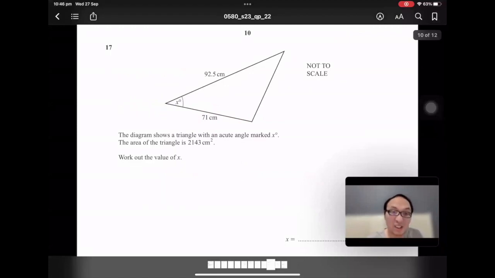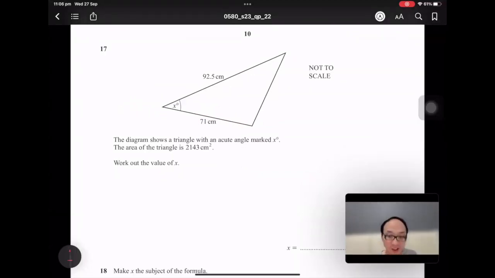The diagram shows a triangle with an acute angle marked X. The area of the triangle is 2143.